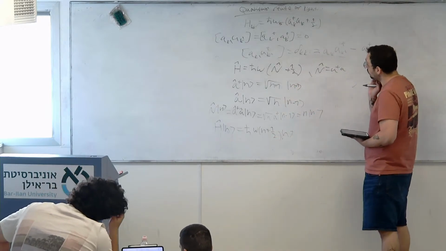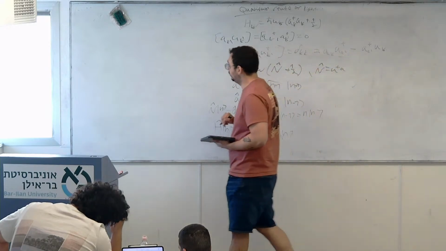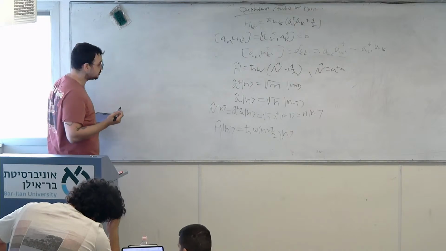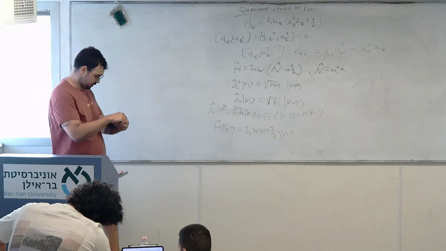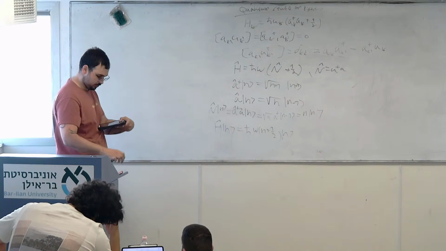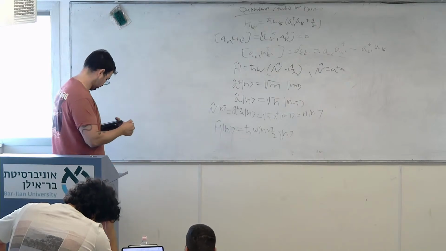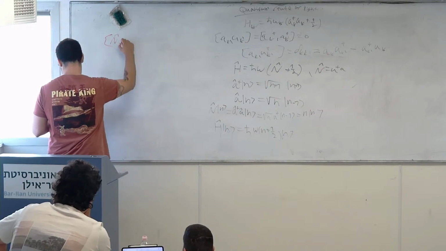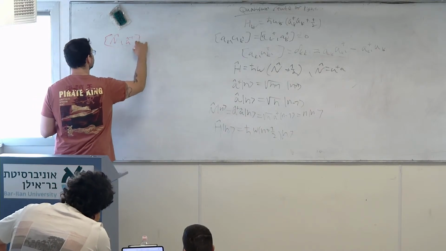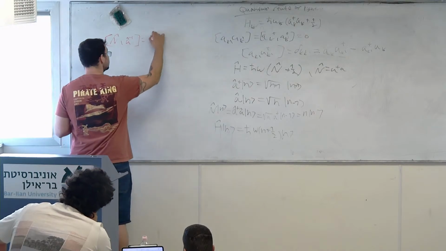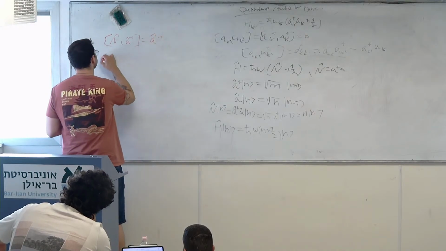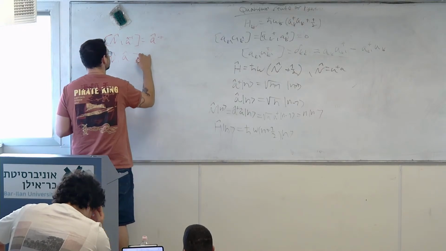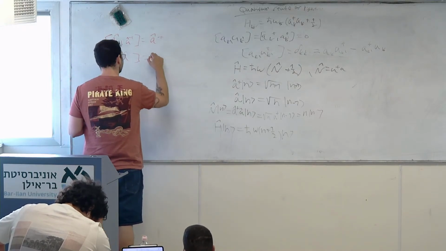Alright. Now it's also very nice to talk about the commutation relation of n. Let's see if the red marker works. The commutator of n, a dagger, and a, for minus a.